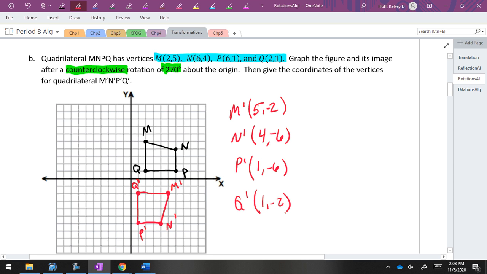I got M prime to be 5, -2, N prime to be 4, -6, and P prime to be 1, -6, Q prime 1, -2.